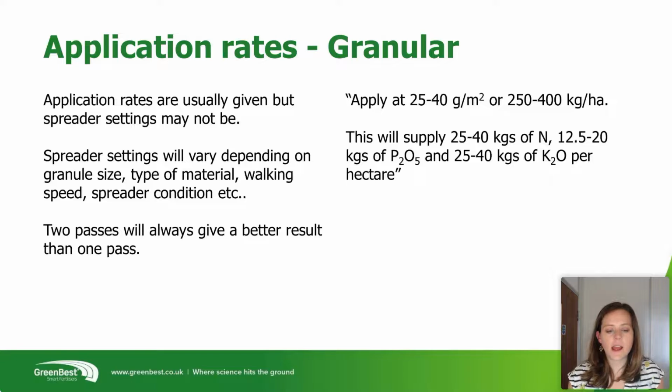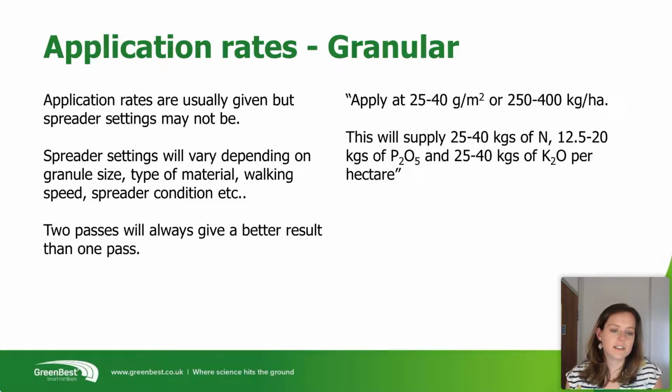We just need to be aware that the effective rate is going to be different depending on the age of your spreader, the granule size, how fast you're walking, the wind direction, etc. So all of these things do affect it, and obviously a spreader calibration is always a really good idea when you have a new product.